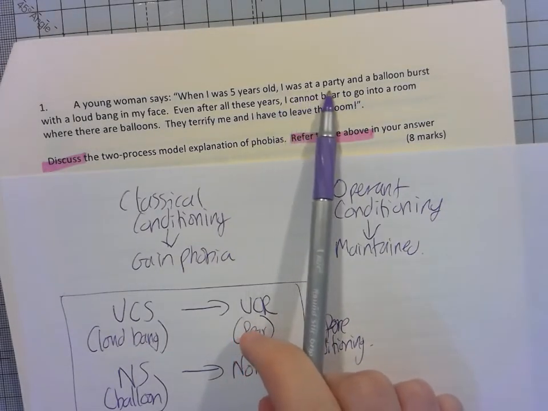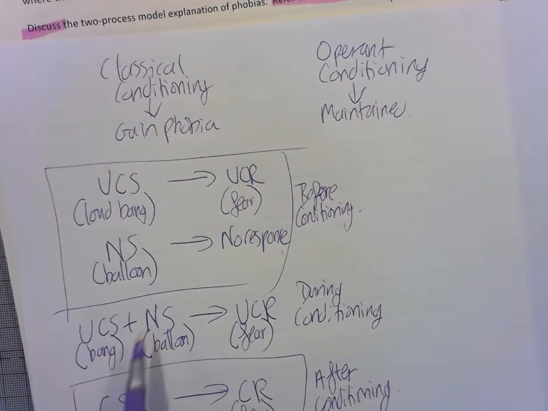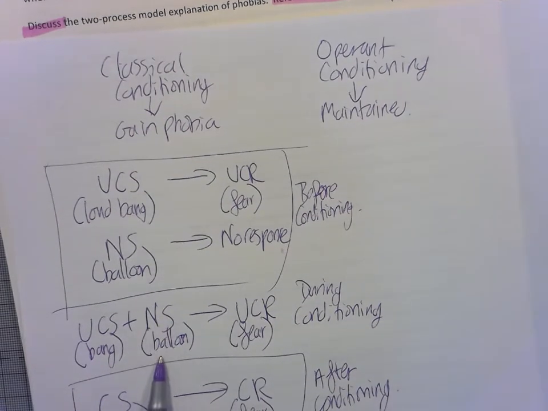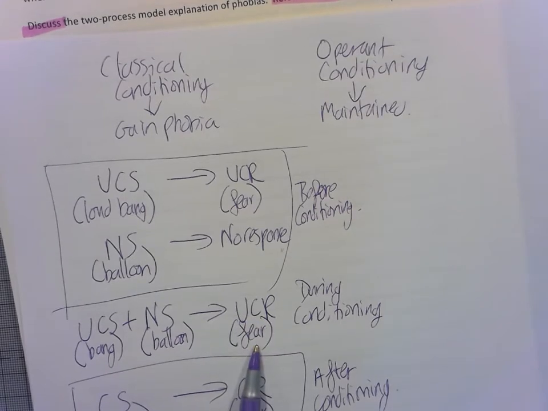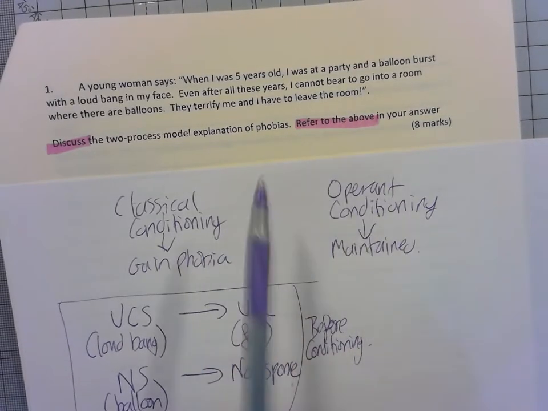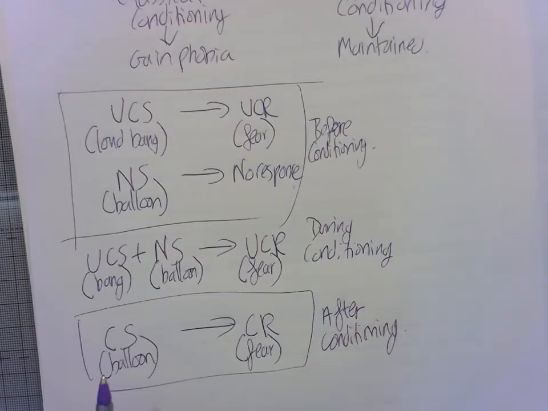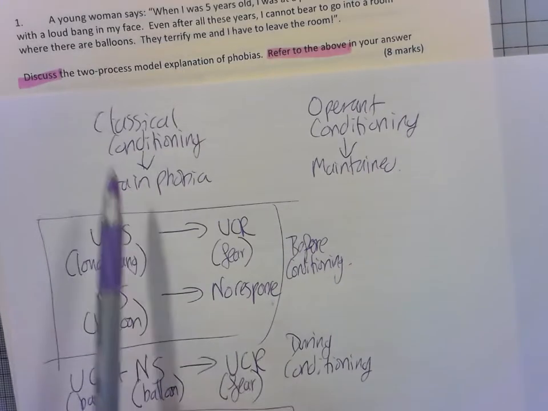Whilst the young woman was at a party, the unconditioned stimulus of the bang was paired with a neutral stimulus of the balloon, causing the unconditioned response of fear. And then the reason why this has happened is because that association has happened, so the conditioned stimulus of the balloon ends up causing a conditioned response of fear. So that's how she's gained the phobia.